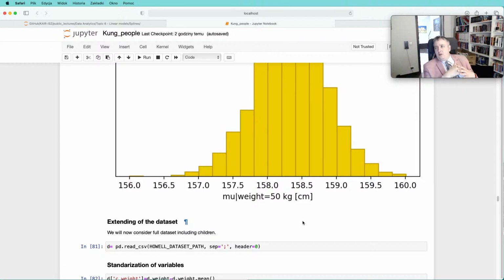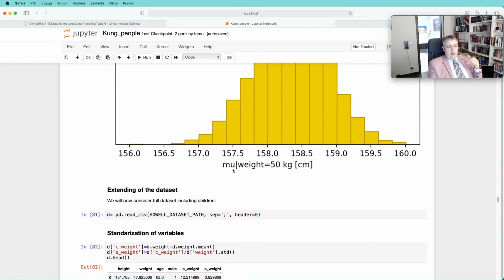But our data set also considers the measurements of the kids. So what can we do with that? We can extend our data set to get the entirety of it, and in order to simplify the situation, we will standardize this data set. What does it mean? It's generally the same as centering, but you divide by the original standard deviation, which gives you easy interpretability.